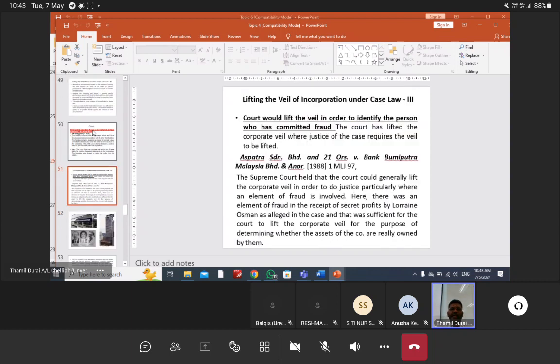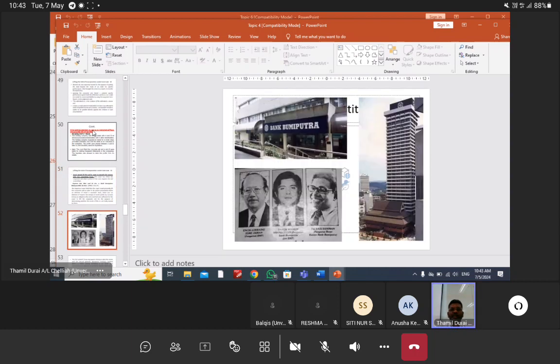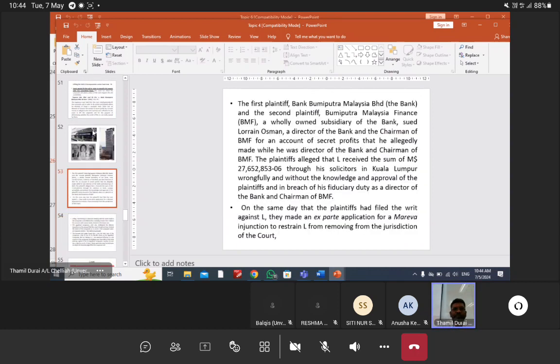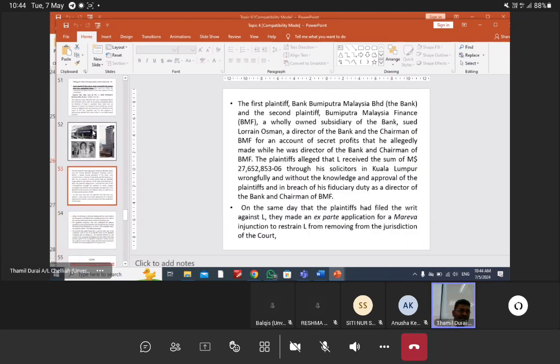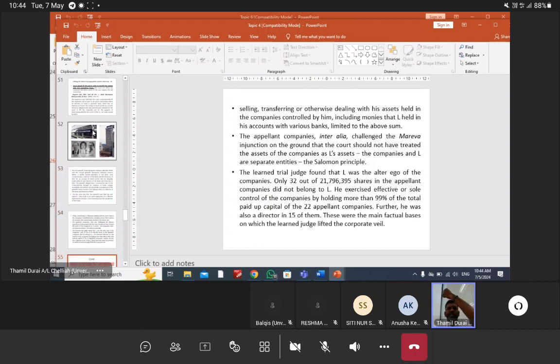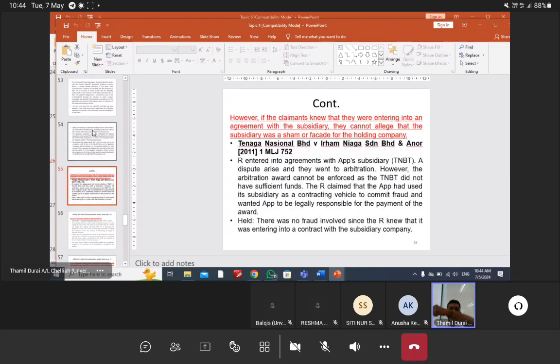Again, holding and subsidiaries. So these are situations or positions where lifting of the corporate veil is possible. And you can subject those behind the veil to be liable for the actions or wrongdoings they committed against the company.